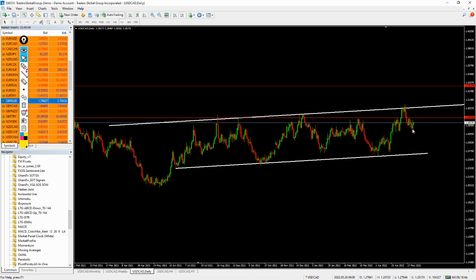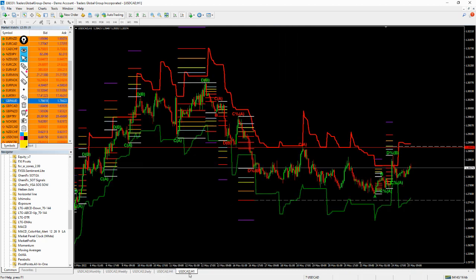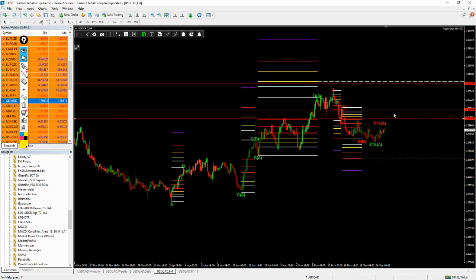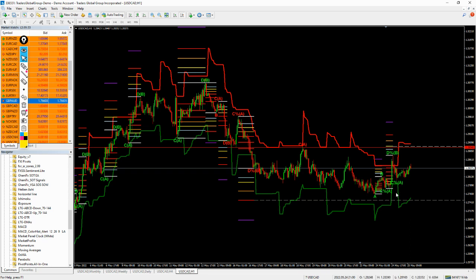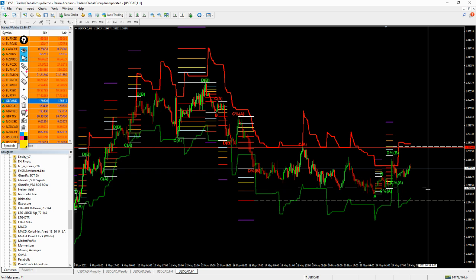Often as it breaks, it comes back to that point of interest, and then we could look for that next move lower. As we mentioned, depending on where it goes, if it goes up to 129, and this is going to complete its whole Fibonacci here, you'd be looking at a target of around 126.63 and 120.63.